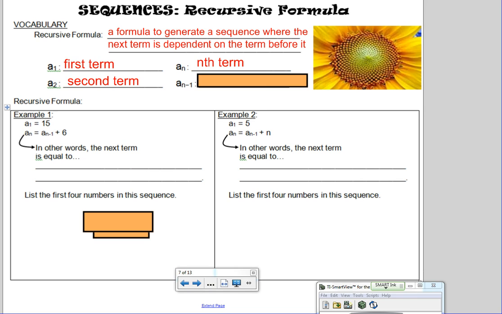One of them is in our vocab, A sub n minus 1. And again, I want to stress that subscripts are like adjectives. So if this is the nth term, then n minus 1, the relationship would be that that was the previous term. And that's exactly what it is. It's the term before the nth term.